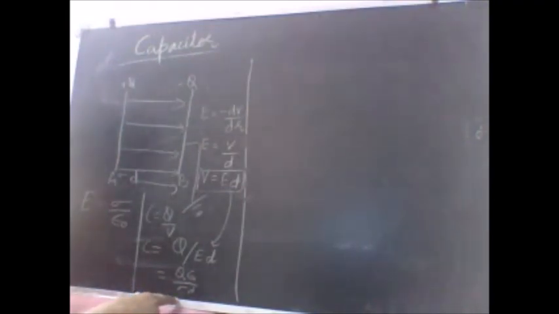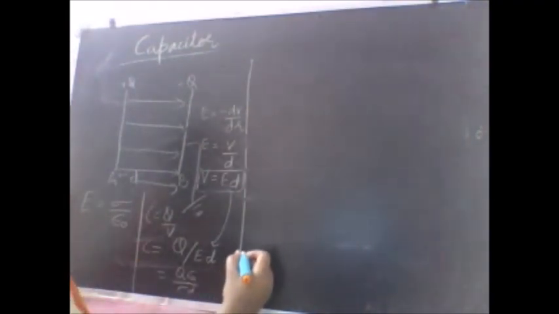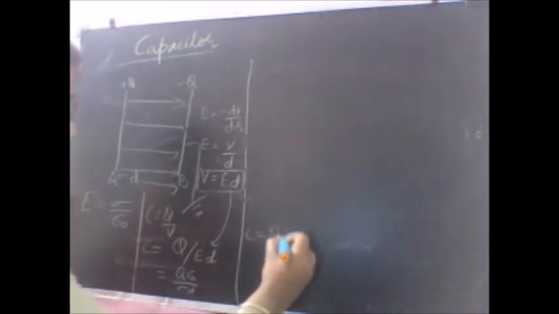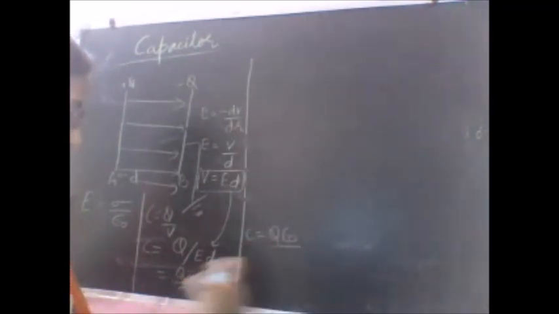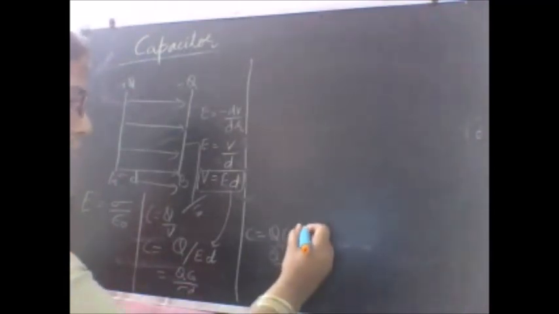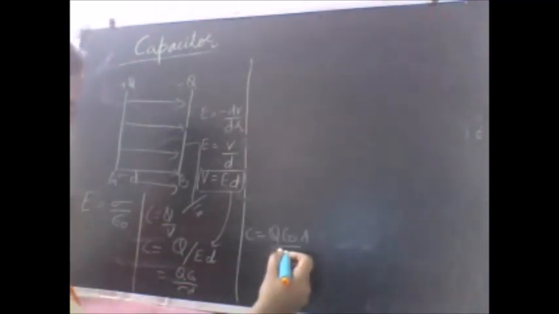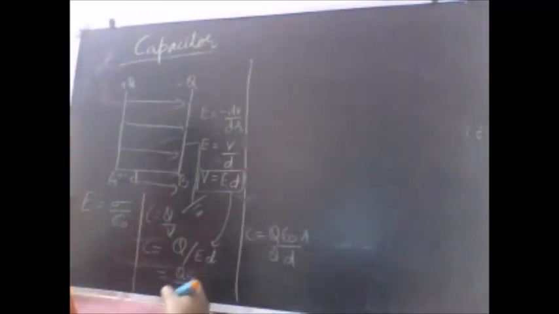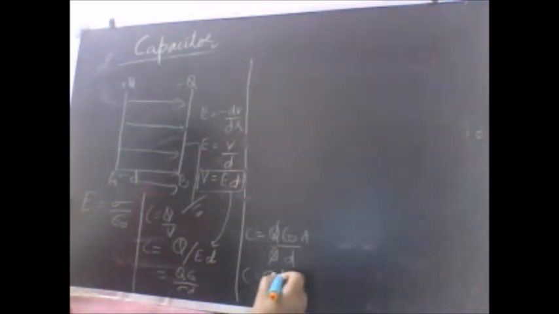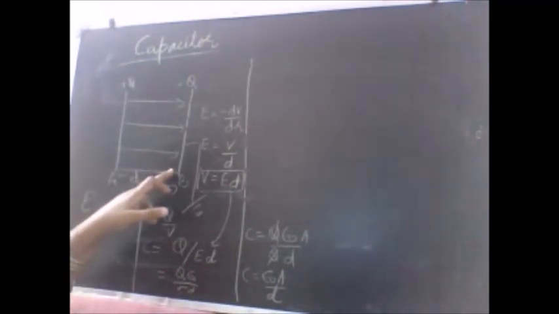So when we put the value here, we get C is equal to Q epsilon naught, and this sigma can be replaced by charge per unit area. Area will go in the numerator, and this is D. Charge will cancel out, and we are left with C is equal to epsilon naught A by D.